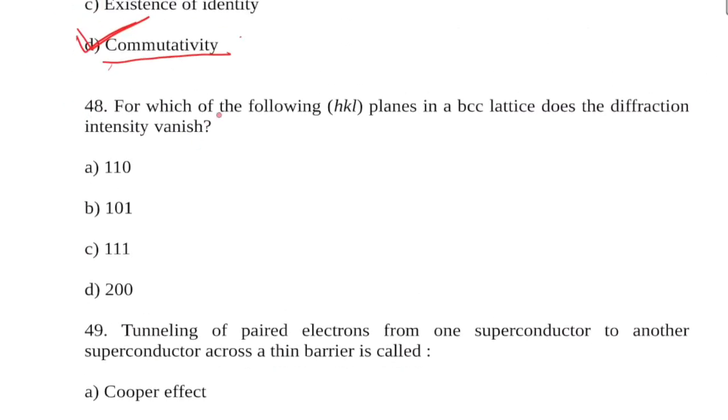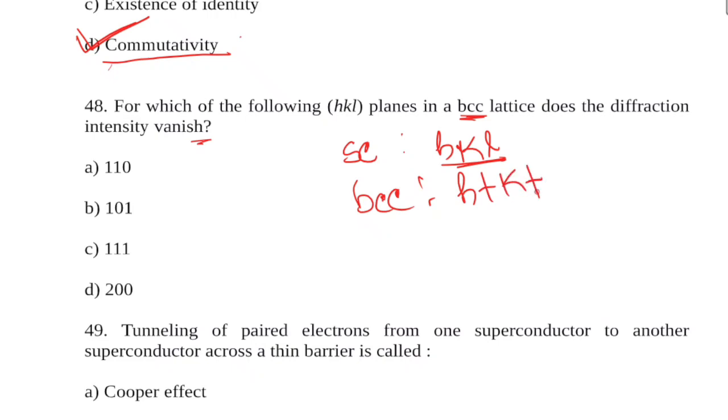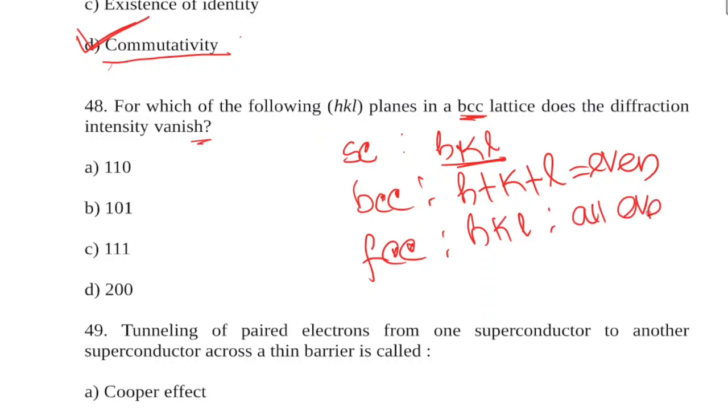Next, 48. For which of the following HKL planes in a BCC lattice does the diffraction intensity vanish? We know for simple cubic, all HKL values are allowed. For BCC, H plus K plus L should be even, and for FCC, HKL are either all even or all odd.